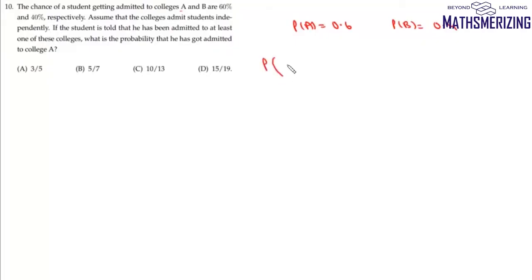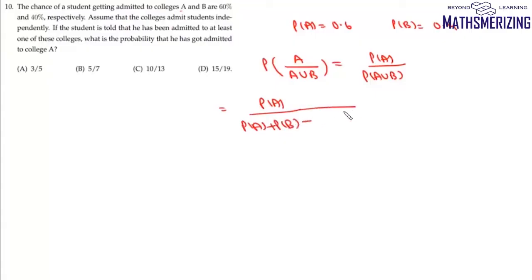So we know that if A union B has already happened, we have to find this conditional probability, A upon A union B. Now probability of A intersection (A union B) is simply probability of A, and here will be probability of A union B. So it will be probability of A, and then probability of A union B will be probability of A plus probability of B minus probability of A intersection B.